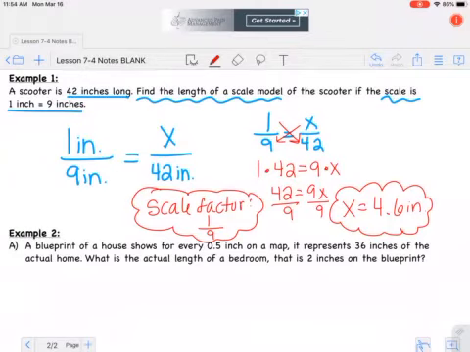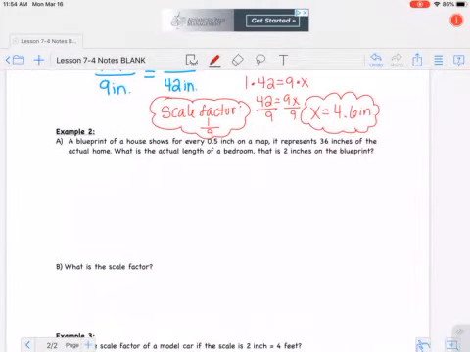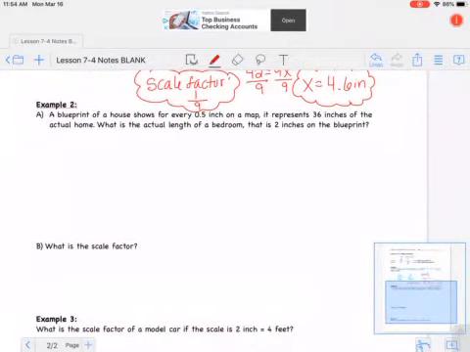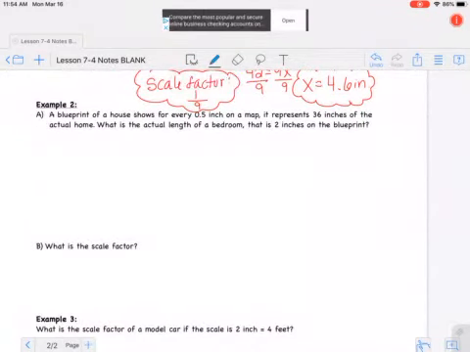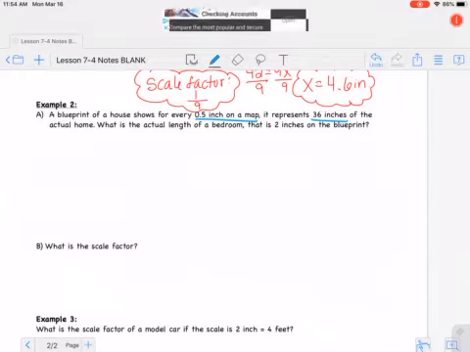All right. Example 2. It says, a blueprint of a house shows for every 0.5 inches on a map, it represents 36 inches of the actual home. So 0.5 on a map represents 36 inches of the home. What is the actual length of the bedroom? That is 2 inches on the blueprint.